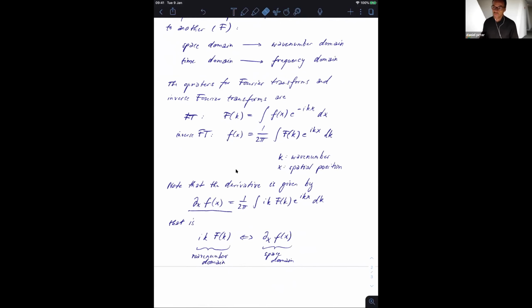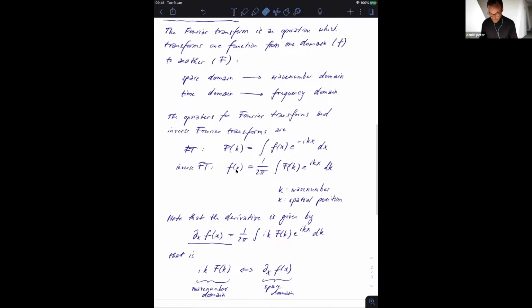And then goes back with the inverse Fourier transform into the space domain. So if you want, the derivative itself is not approximate, it's mathematically exact, but the approximation comes from the discrete Fourier transform that we need to apply.